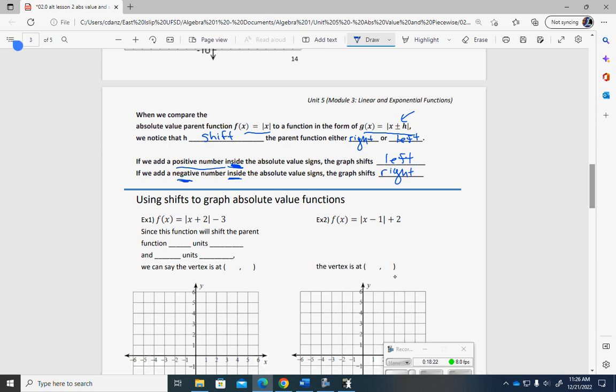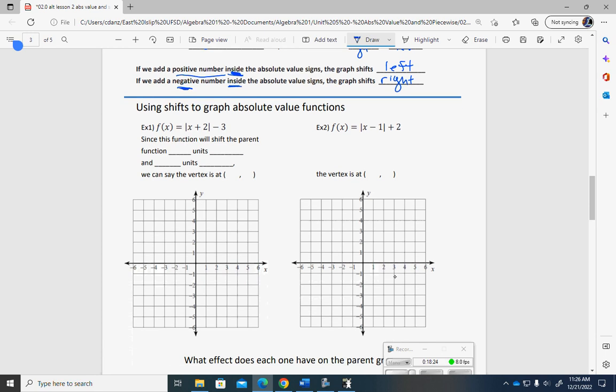So here's how we can do it quickly. This shows a shift to the left, because it's inside the absolute value symbols, it shifts the opposite way that we would think, left 2. And then this shows down 3.